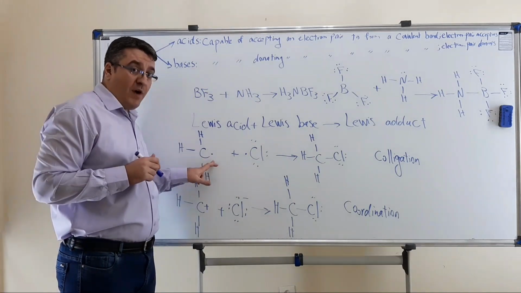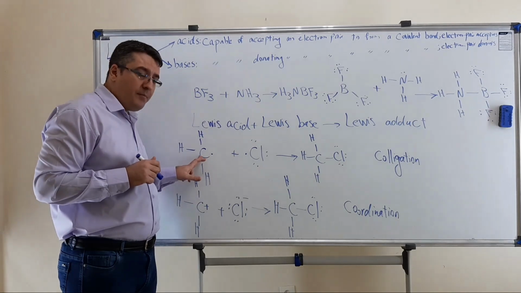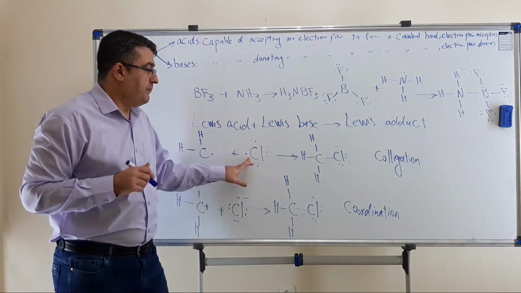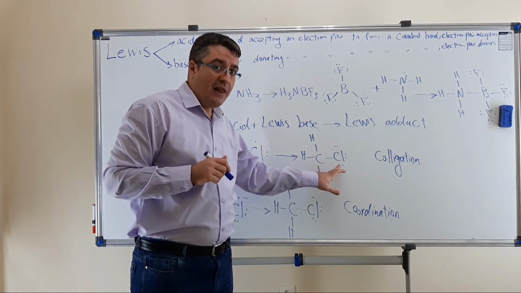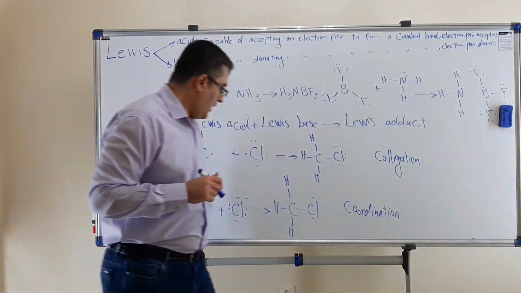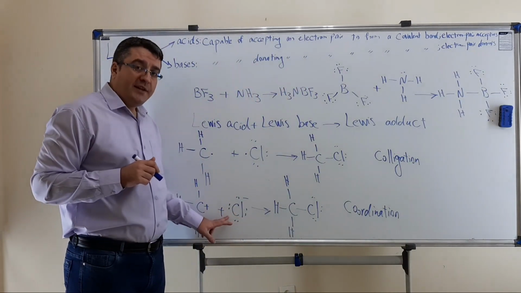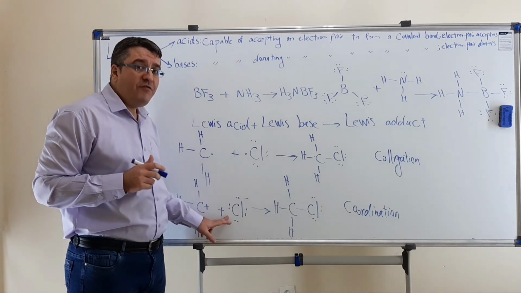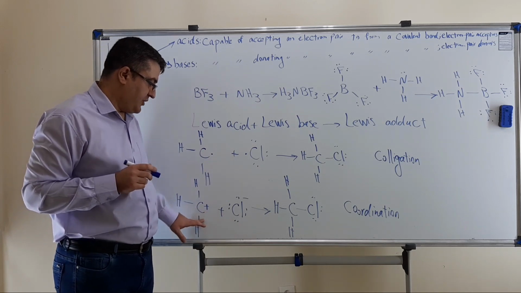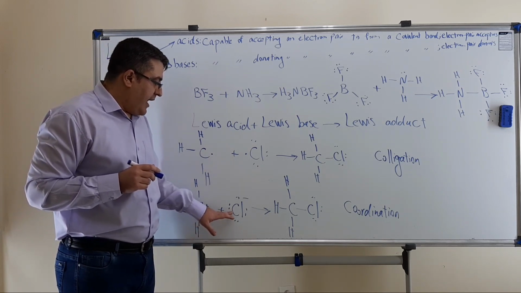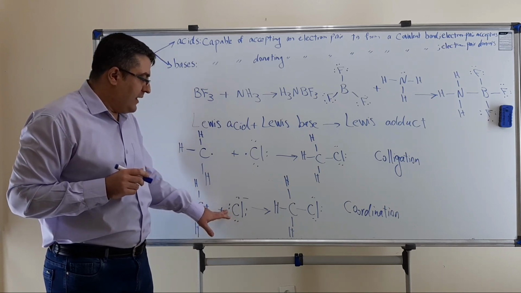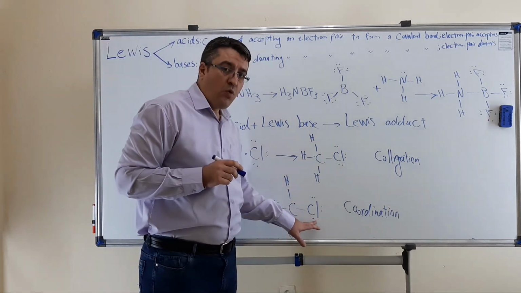One electron is shared by the carbon atom, and another electron is shared by the chlorine atom to form the new C-Cl covalent bond. But in coordination, two shared electrons have come from only one of the two parts linked by it. Here, in the second reaction, the chloride ion shares the two electrons to form the new covalent bond.